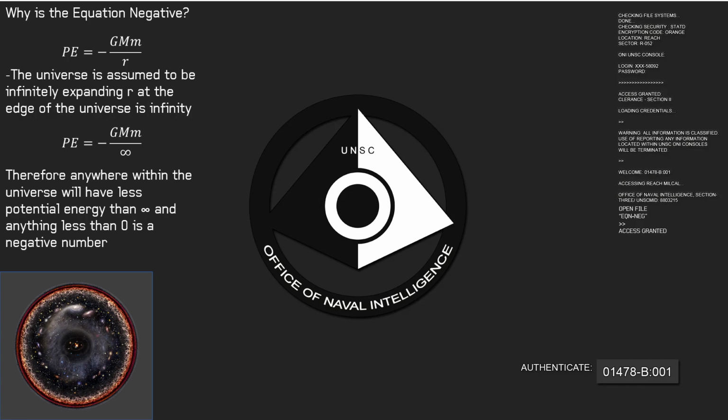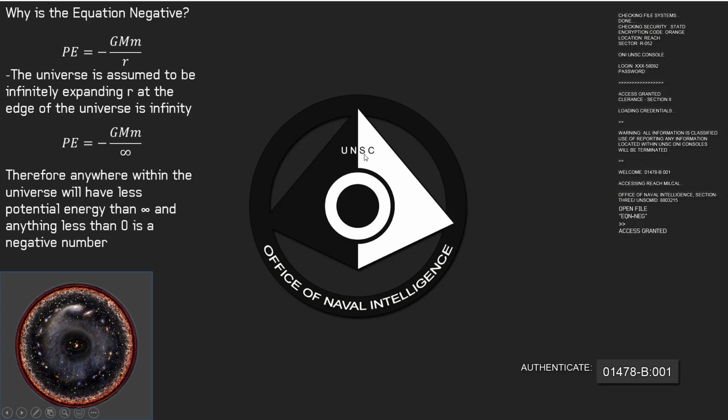And if you've noticed this equation here, you might have noticed the negative sign in front of it, as it is negative gravitational constant mass over radius. So there's an actual reason behind this. So we know that the universe is infinitely expanding along all of its borders.